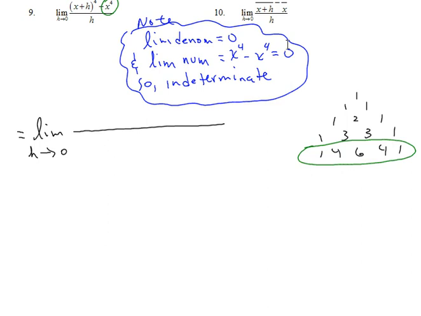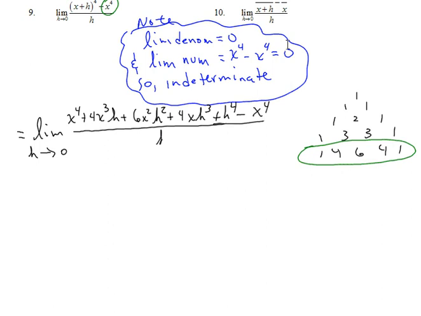So the numerator becomes x to the fourth plus 4x cubed h plus 6x squared h squared plus 4x h cubed plus h to the fourth. And don't forget, there is an x to the fourth already in the numerator.